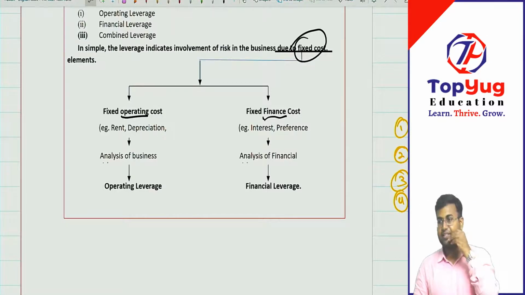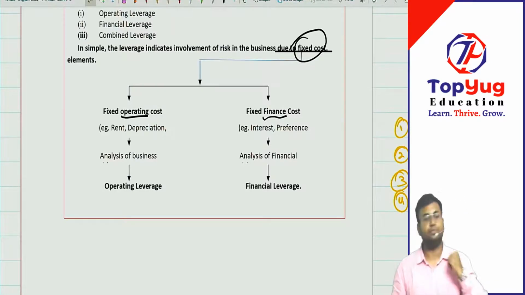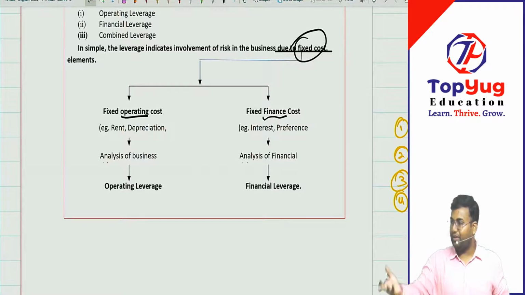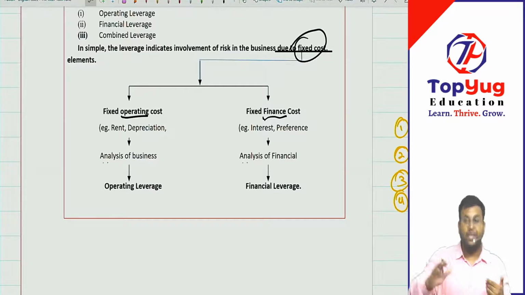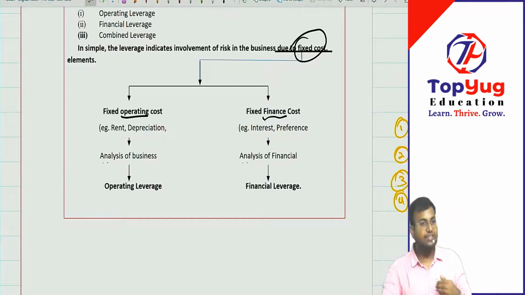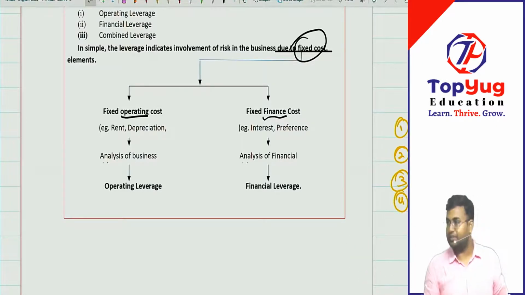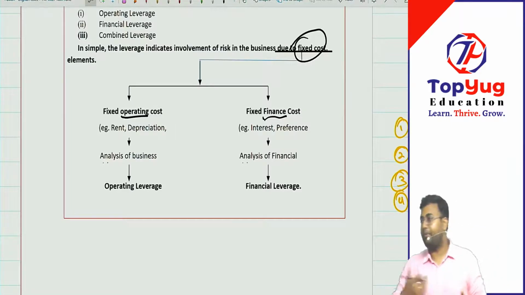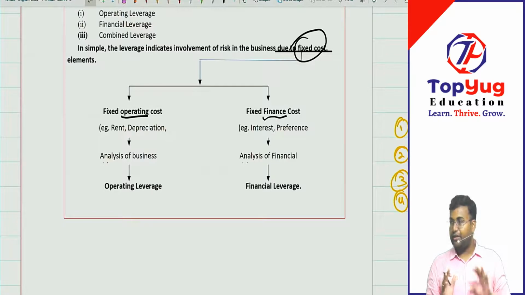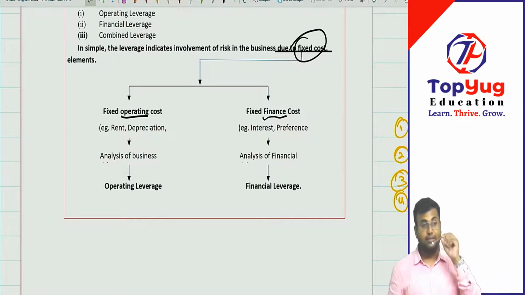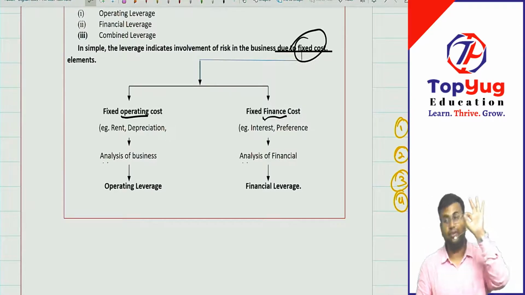You will have ways and means wherein you can reduce your cost, either interest or operating. As you have ways and means to increase your return, you have ways and means to reduce your cost also. You can scout for better banks, better interest rates. That's why the chapter name is leverage.